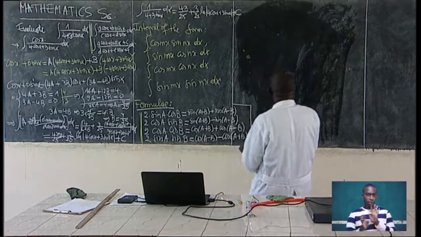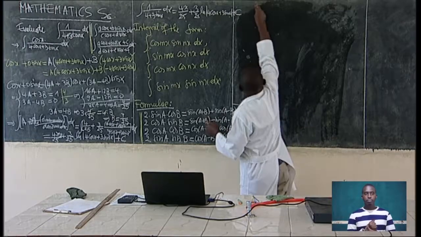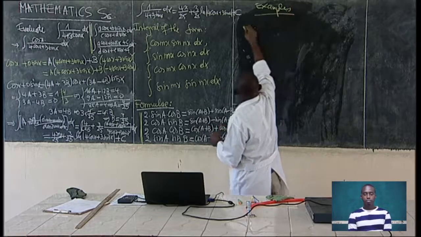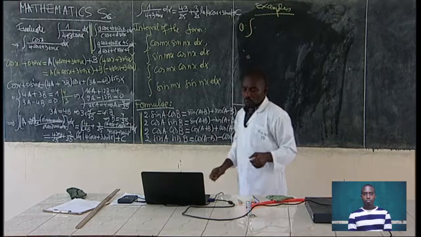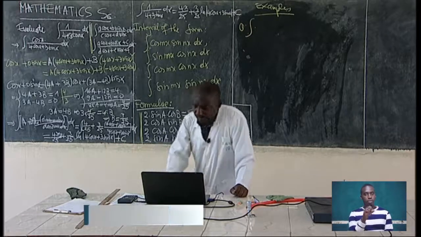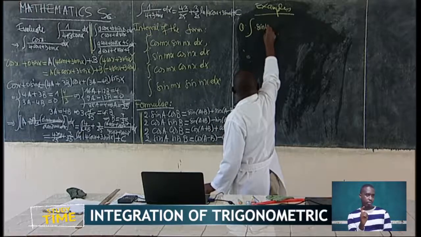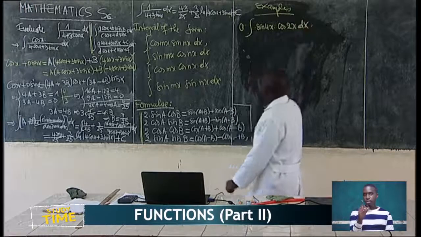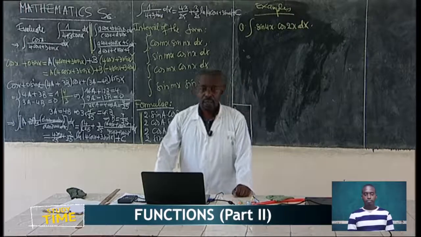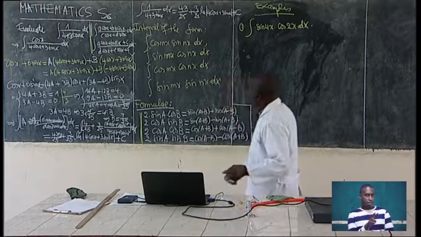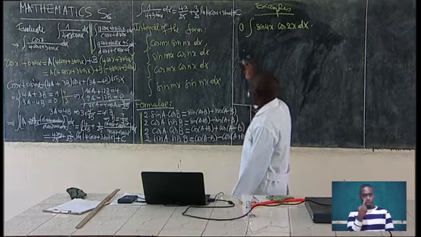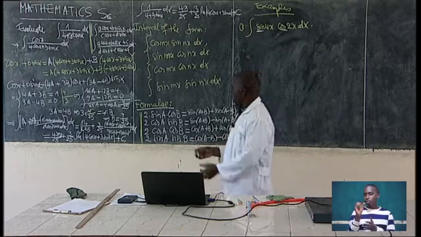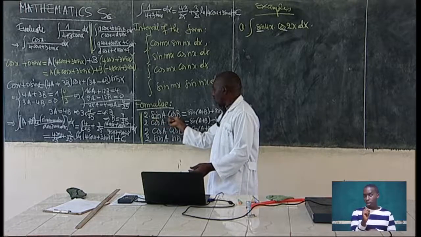For example, the integral of sine 4x times cosine 2x dx. As you see, we have one of these forms with sine and cosine.